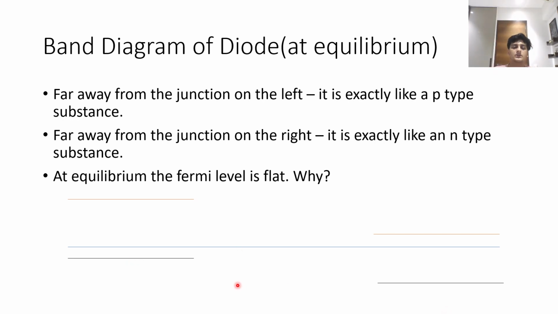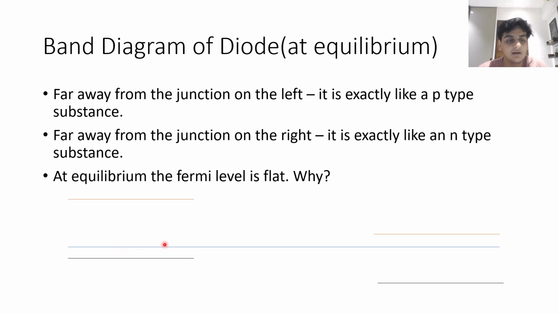Now, why have we drawn the Fermi level as flat at equilibrium? Literally from one end of the device to the other, it's completely flat. The reason is that at equilibrium, this is the only way the Fermi level can exist. And I'll just give a short explanation on why that is. The Fermi level dictates statistically the half probability of a state being filled.